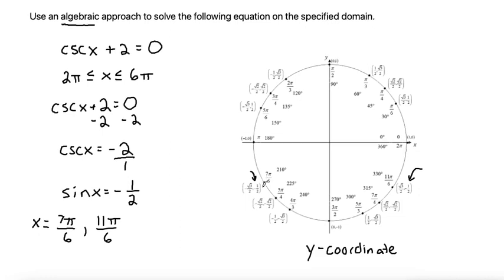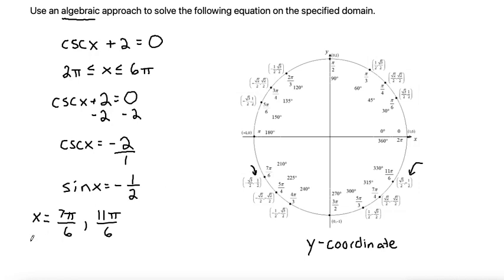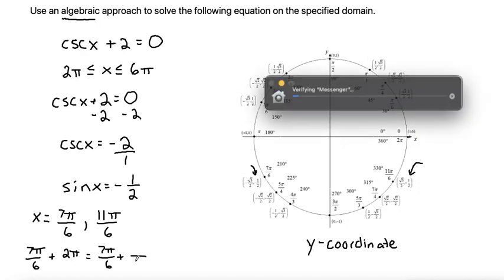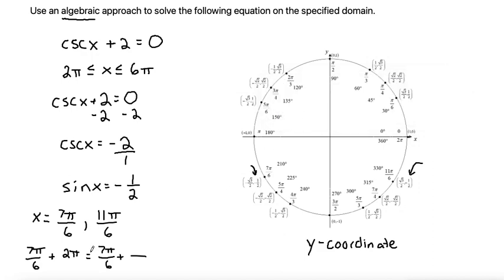So if we take 7 pi over 6 and we add 2 pi to it to find the next circle around, that would be the same thing as 7 pi over 6 plus, to write 2 pi with a denominator of 6, we need to multiply top and bottom by 6. So that would be 12 pi over 6, which gives 19 pi over 6.